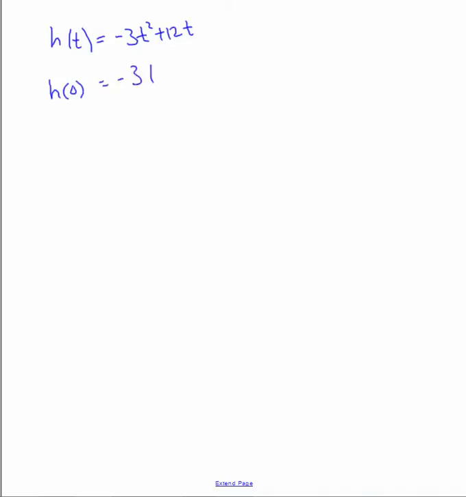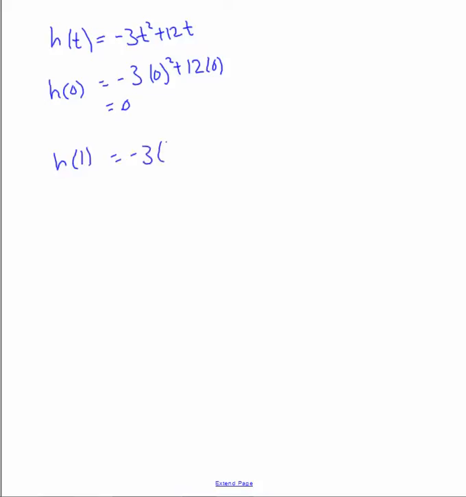So -3 times 0 squared. 0 squared is 0, 0 times -3 is 0, plus 12 times 0, which is 0. So that value is 0. Now what's the height at 1 second?